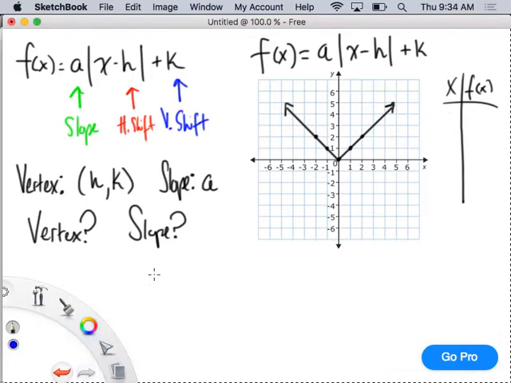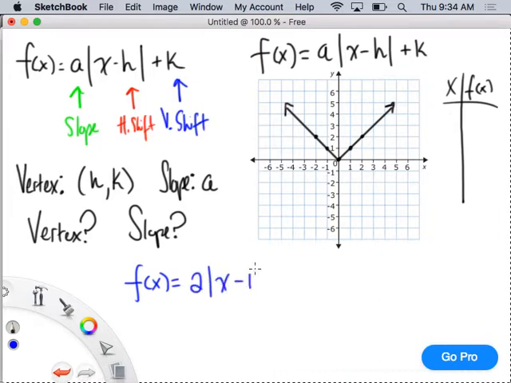So let's try one. Let's say f of x equals 2 times the absolute value of x minus 1, plus 2. I'm sorry. Let's do minus 3.